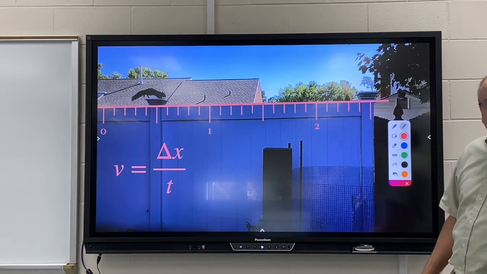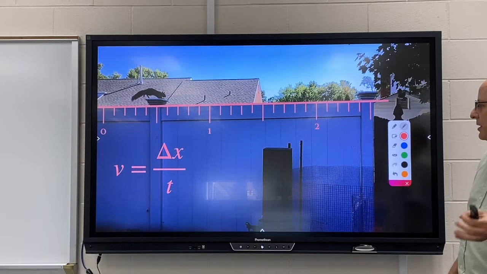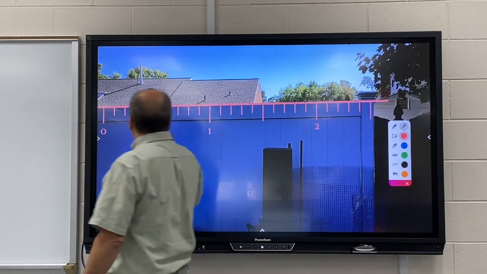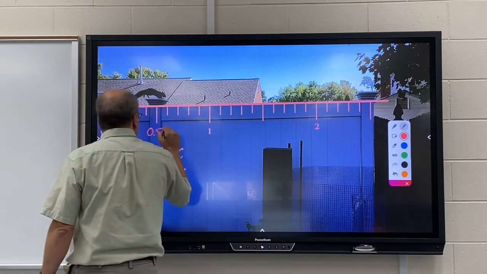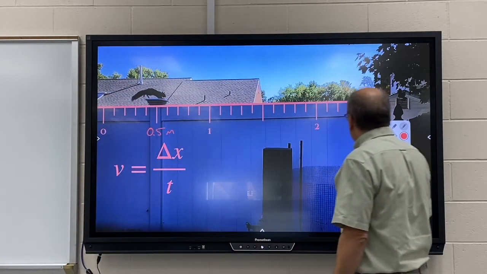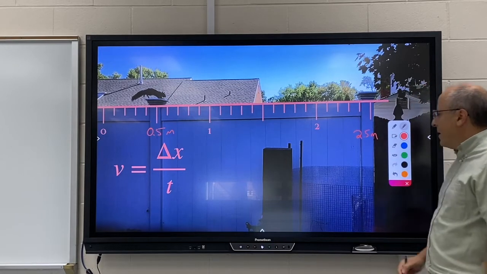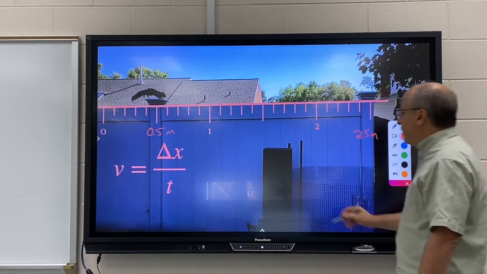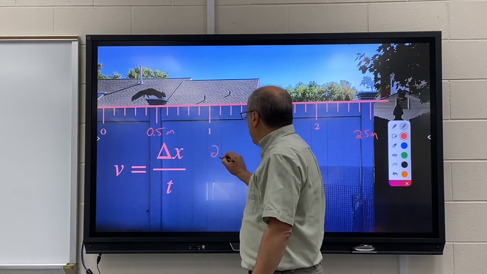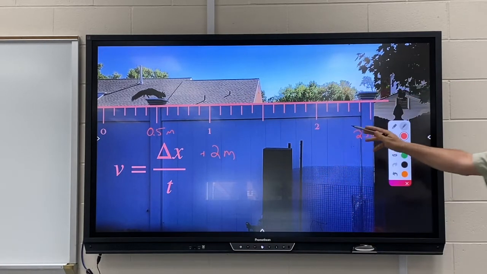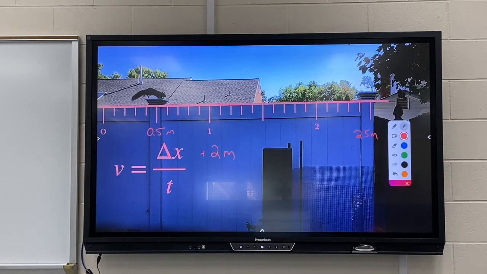We can just call it delta x, but it's the displacement of the squirrel, his change in position divided by the time. So you can see his starting position is about 0.5 meters. His ending position is going to be about 2.5 meters. And his displacement would just be 2 meters, positive, because he went up by 2 meters.